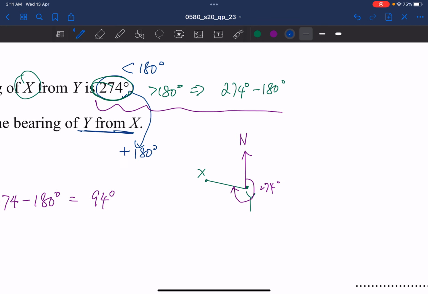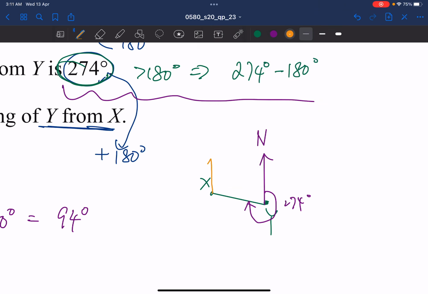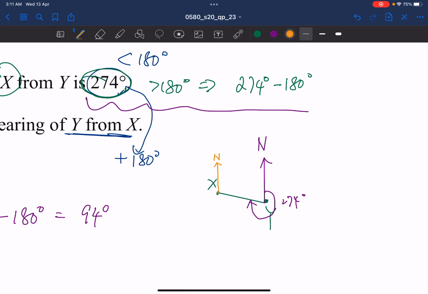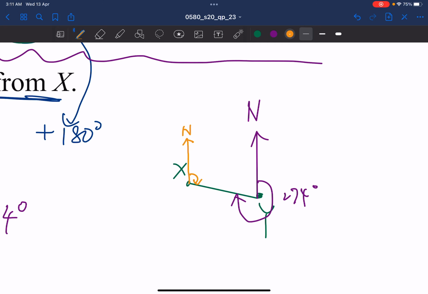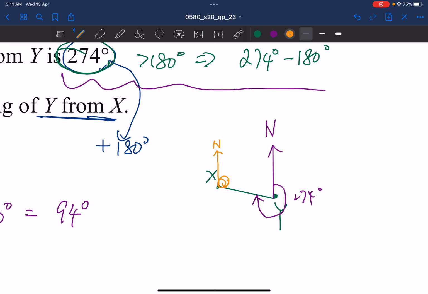But from x, if you look at this, this is the bearing of y from x. And what is the relationship between this angle and this 274 angle?